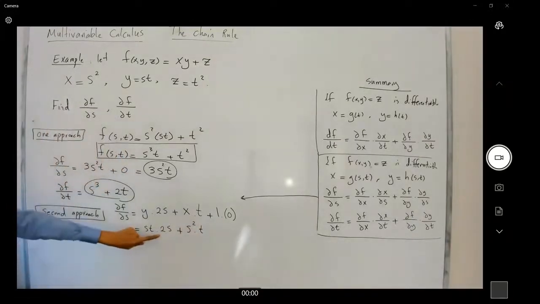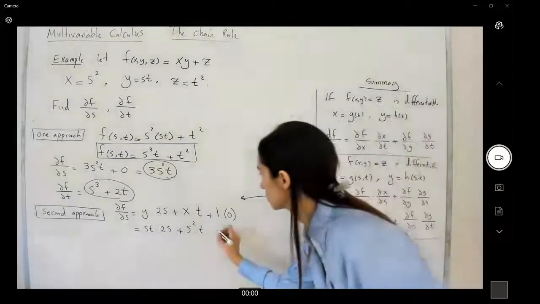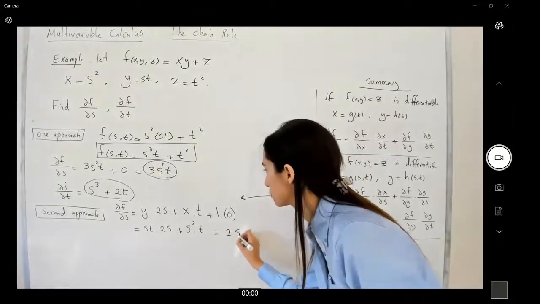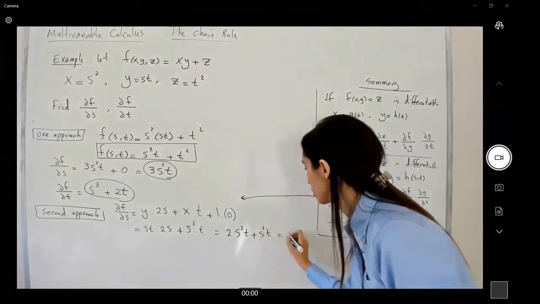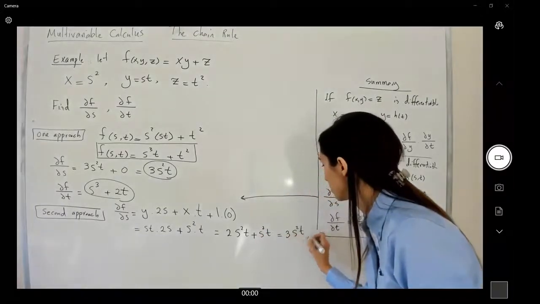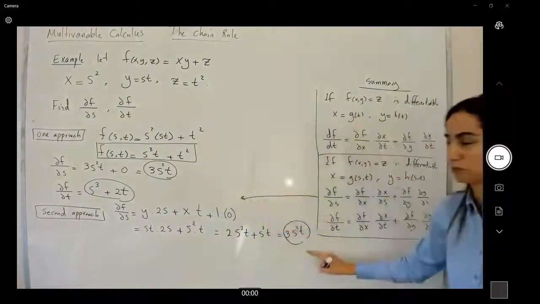So we get 2 s squared t plus s squared t, which is 3 s squared t. The same.